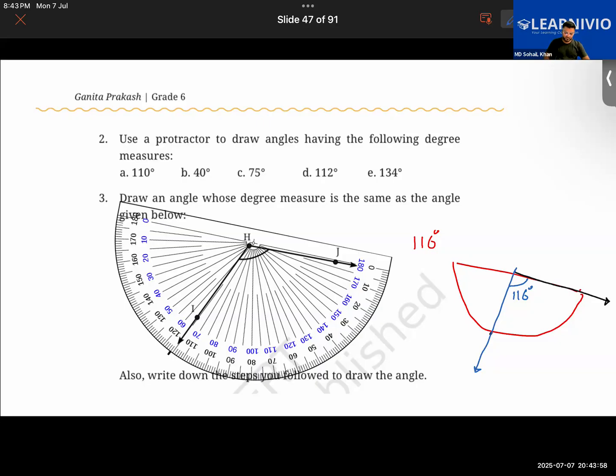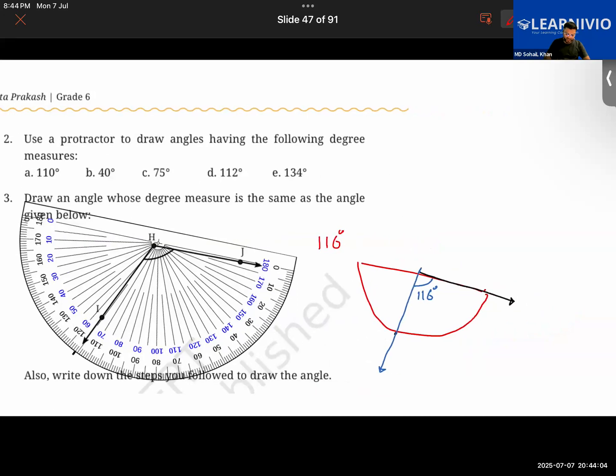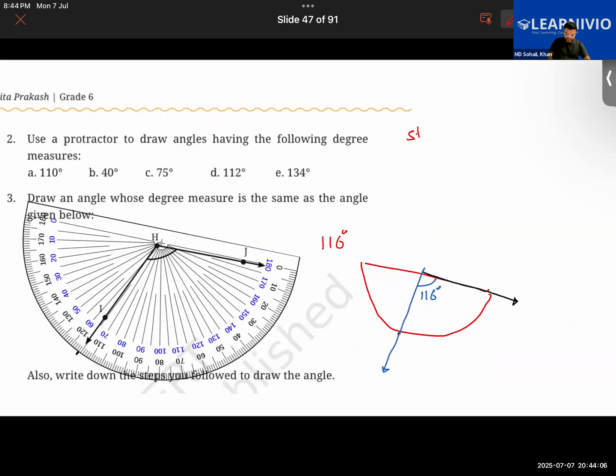Done, sir. Okay, good. And it's saying to write down the steps you followed to draw the angle. So what steps have you followed here to draw this angle? In the first step, you have to draw a ray, no? Sir, to draw a ray.